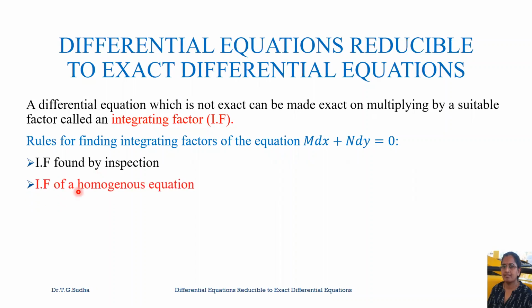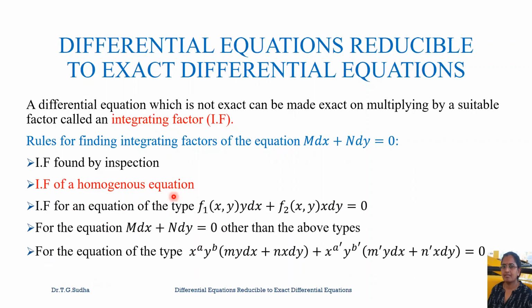In this session, let us find an integrating factor of a homogeneous differential equation. We also have types of differential equations for which the integrating factor can be found, of the form f1 of x comma y into y dx plus f2 of x comma y into x dy equal to 0.